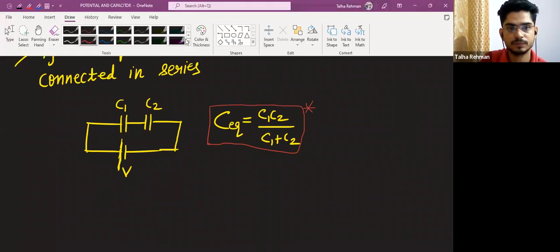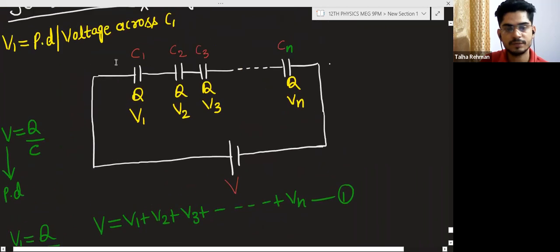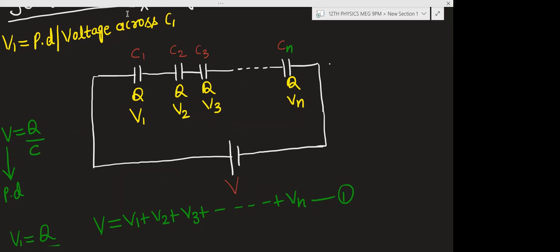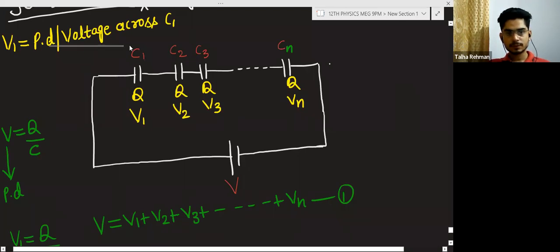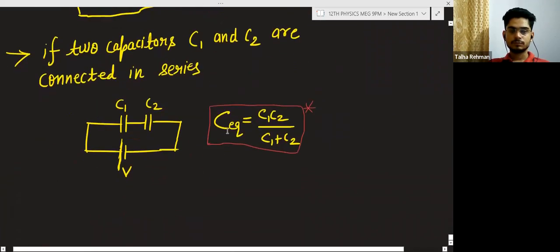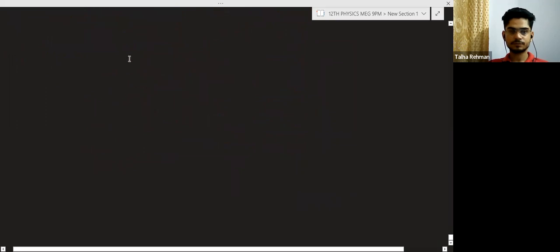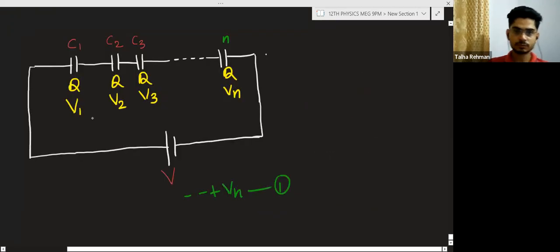Then we have some terms. So we have this circuit. I'm just modifying this circuit.